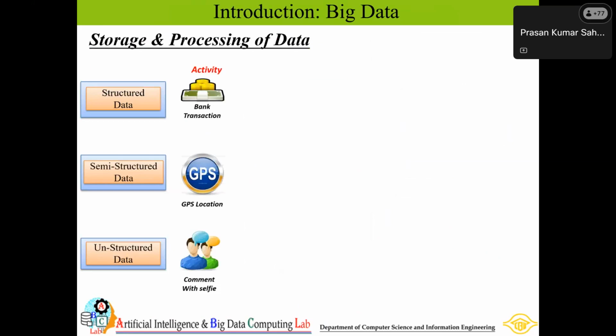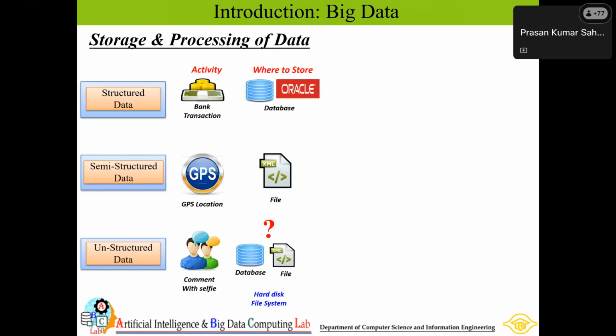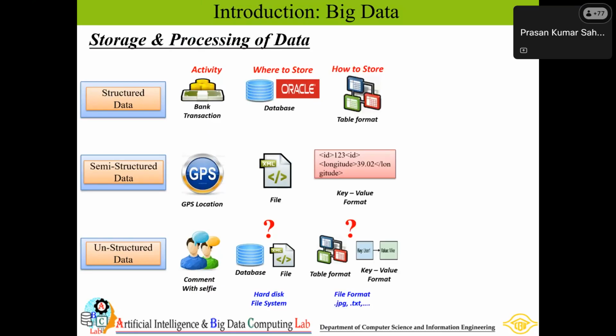this is unstructured data. And where to store? If structured data, normally we store it in Oracle or some standard database. If it is semi-structured data, we store it in terms of XML file. And if it is unstructured data, maybe sometimes in XML format, sometimes in the database. So there is no standard format. Then how to store?